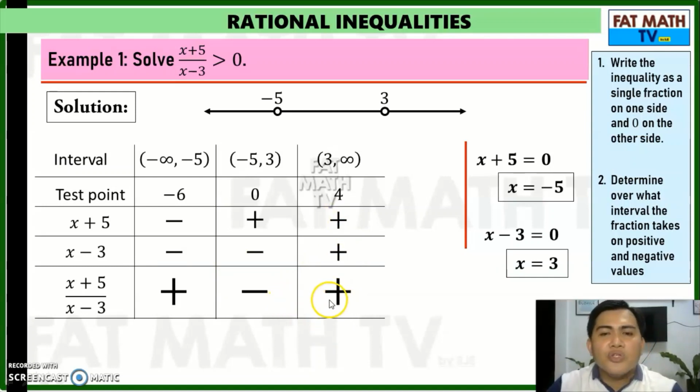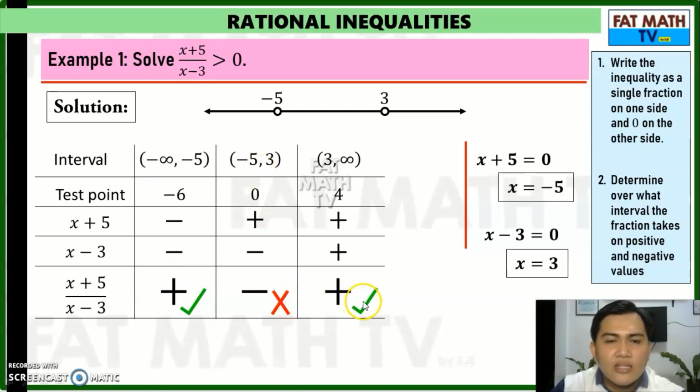How are we going to choose our answer? Since this is greater than 0, that means we have to choose the positive answers. So we will choose this and this, but not the middle one: negative infinity to -5, and also 3 to infinity. If this were less than 0, you would choose the negative one.